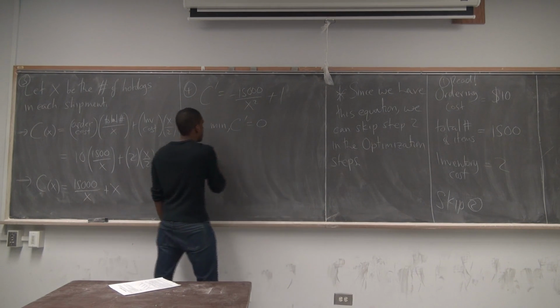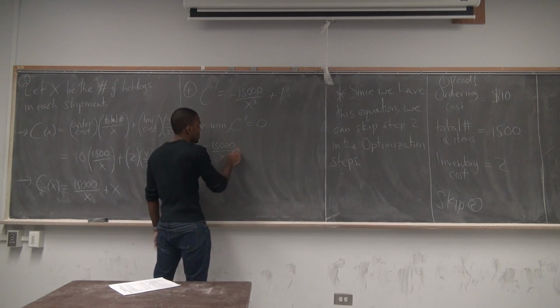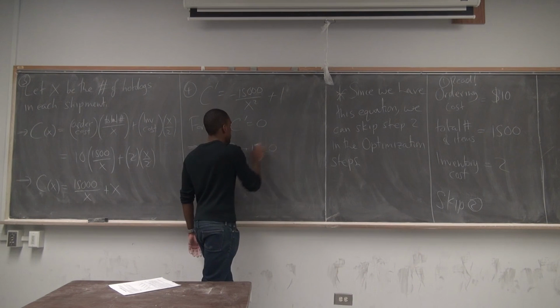C prime equals 0, so what's going to happen is minus 15,000 over x squared plus 1 equals 0.